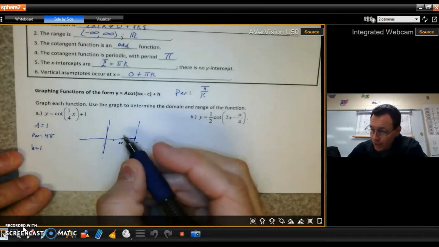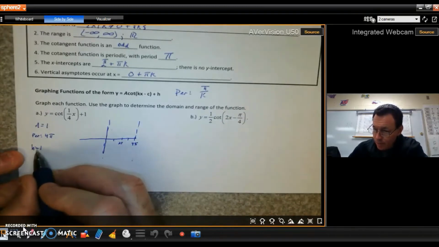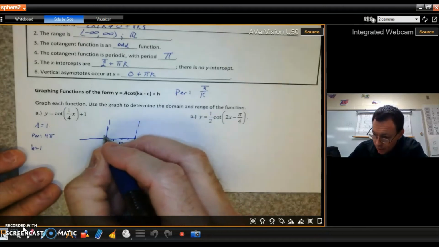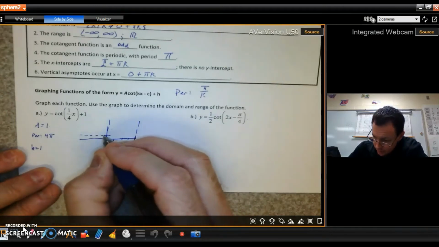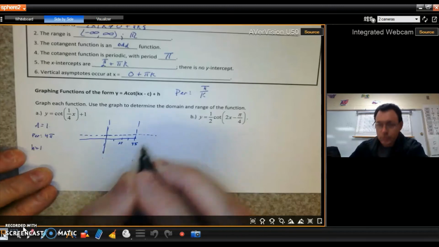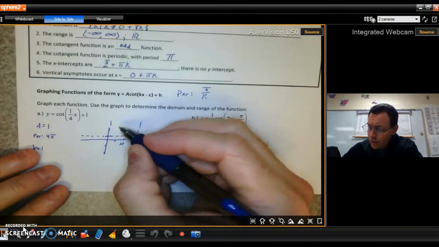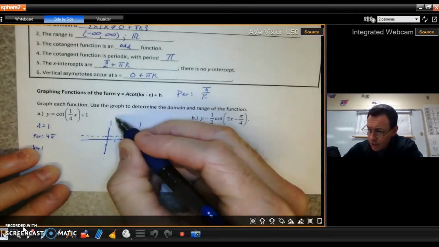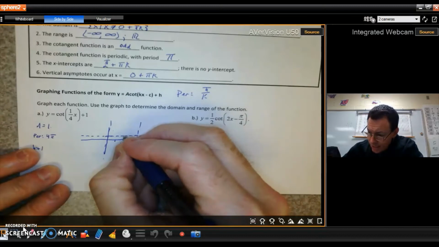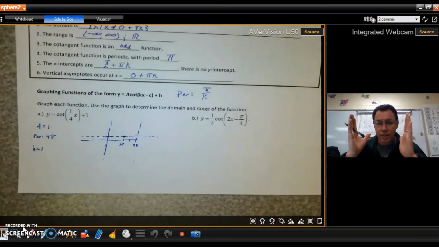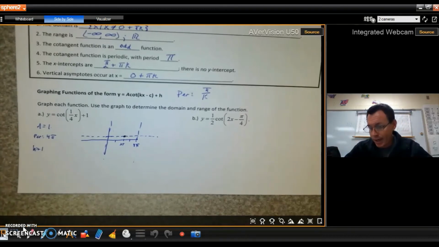The only thing I need to do is realize that my amplitude is 1, but also there's a vertical shift of 1. So I'm going to go up 1. I'm going to draw that little midline. It is right in the middle of our graph. And then our cotangent graph needs to hit right there on the middle of the midline, right in between our asymptotes, so at 2 pi.